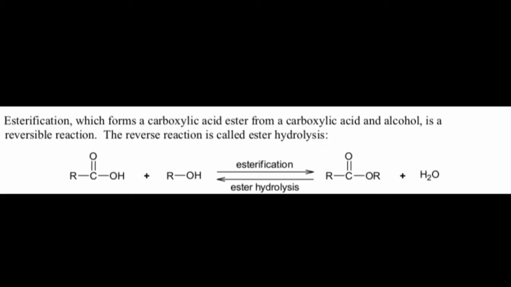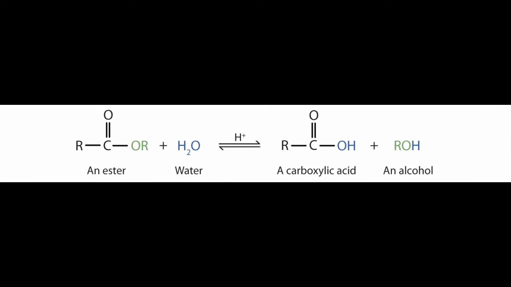Esterification is when you get a carboxylic acid and an alcohol to produce an ester and water. As you can see from the water at the end, this is a condensation reaction. Since it's a condensation reaction, it can also be reversed and be hydrolyzed. So this is the hydrolysis of an ester.